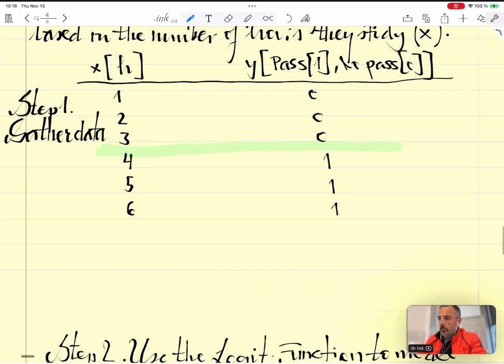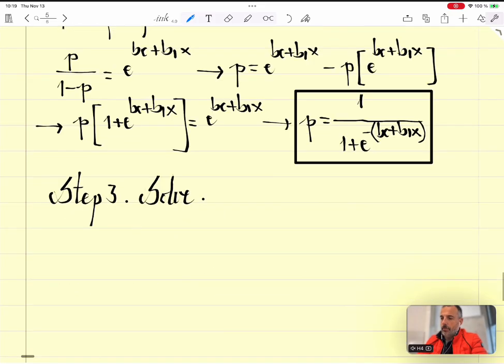So here we go and say, we can solve this analytically, okay, but this is way more complicated. So we say x equals 3, then y is 0. x equals 4, then y equals 1. Okay?